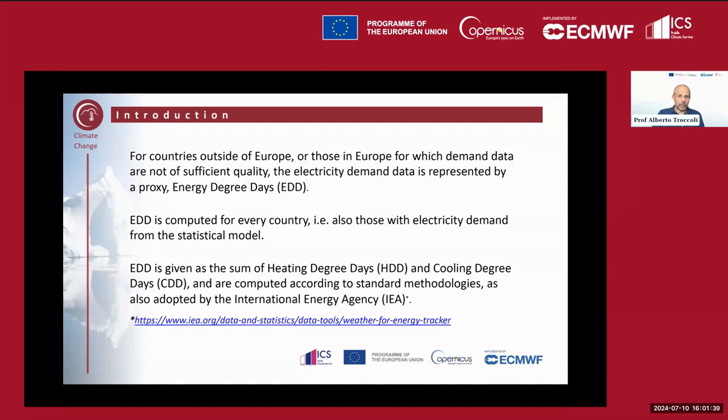Already for Europe, as you saw in the presentation from Henri, there are issues with demand data. And when we go outside of Europe, it's even more problematic, and obviously the scale of the problem is even larger. So that's why we need to look at different approaches.